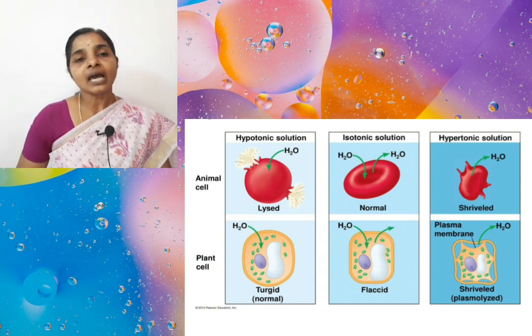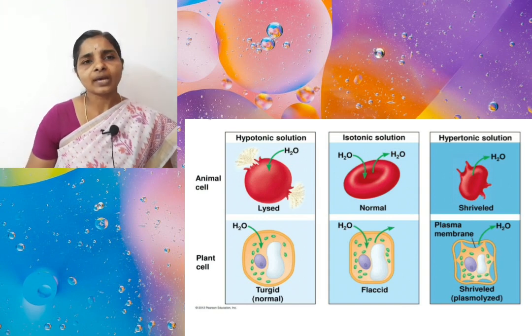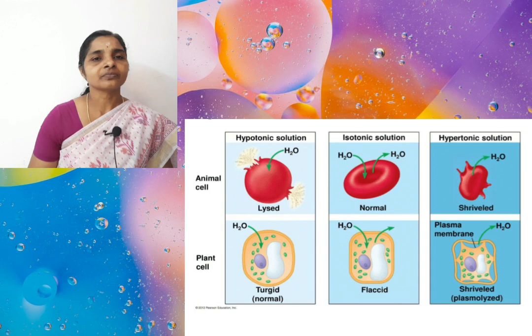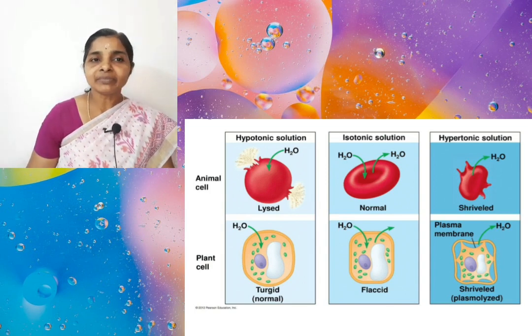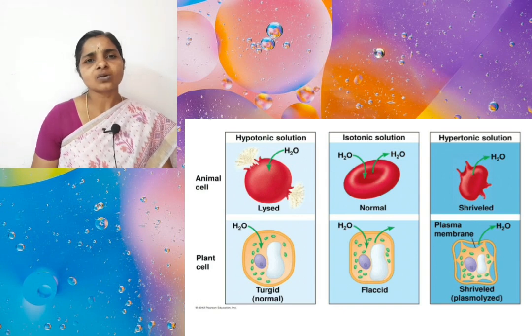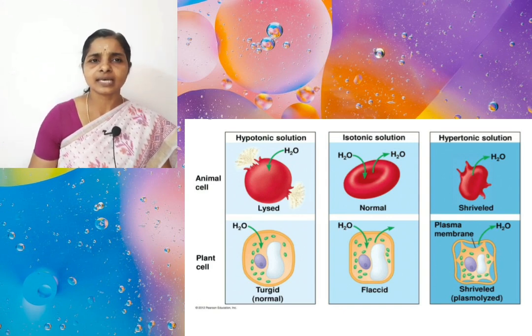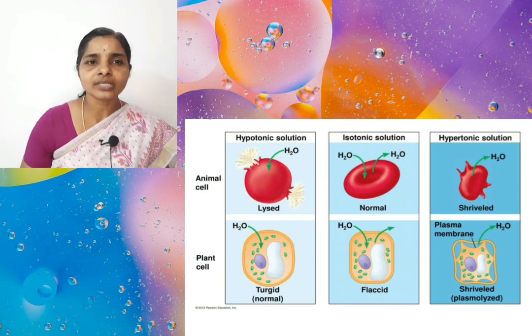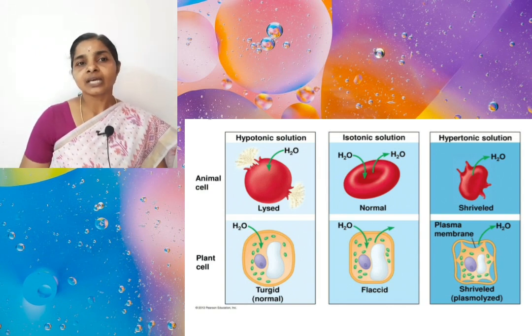Then what happens to an animal cell or plant cell when we place it in an isotonic solution? If the medium surrounding the cell has the same water concentration as that of the cell, such a solution is called an isotonic solution. Then what happens to the cell?